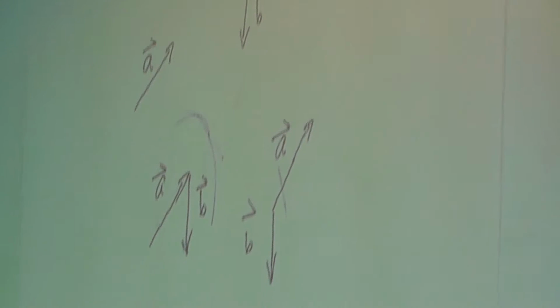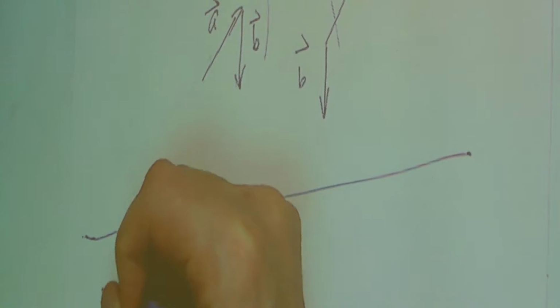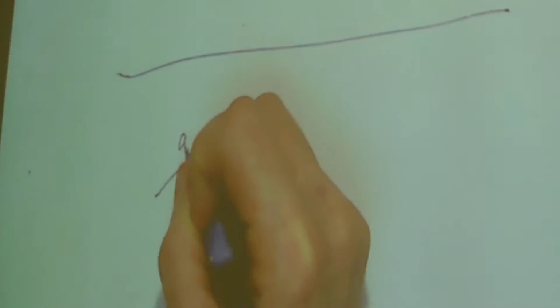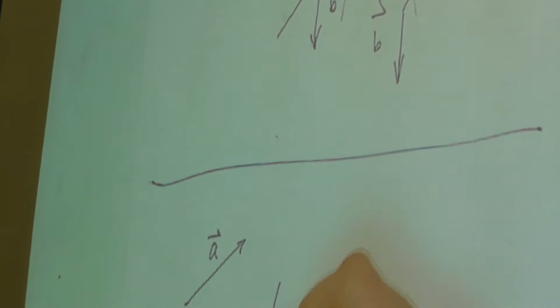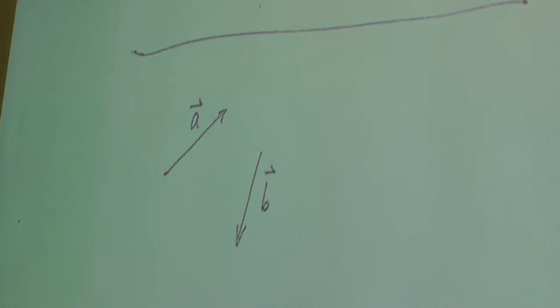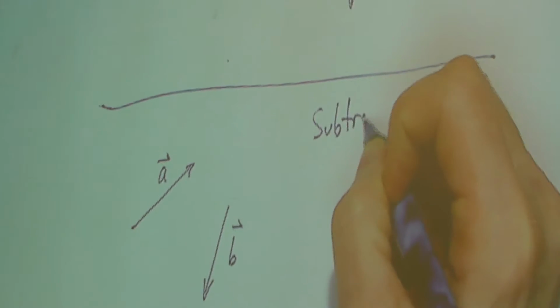Okay, so that's visually adding two vectors. If I have a vector like this being A and this being B, what I would like to do is subtract them.